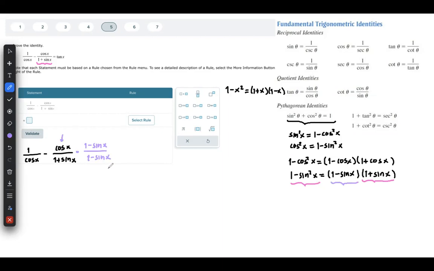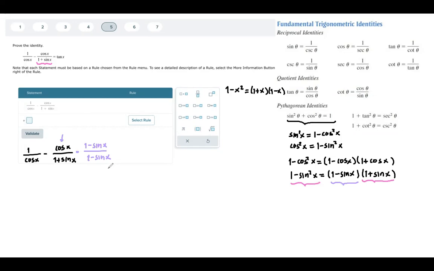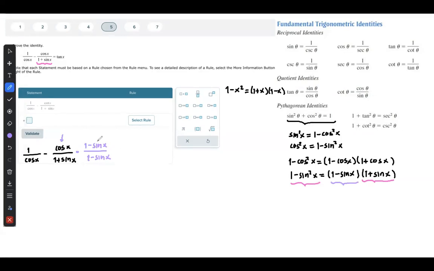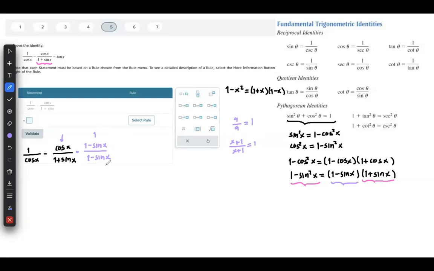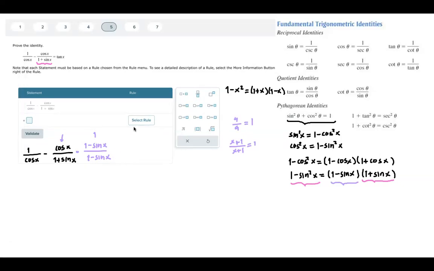I can multiply a fraction by whatever I want, as long as that is a 1. I can get a 1 by doing a over a, or x plus 1 over x plus 1. As long as the denominator and the numerator are the same, that is a 1. So this is a 1, and if I multiply anything by 1, I'm absolutely not altering my expression.